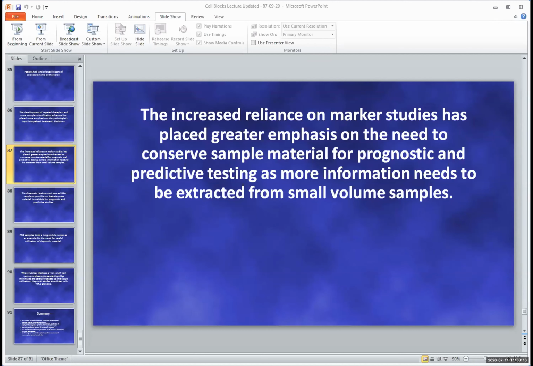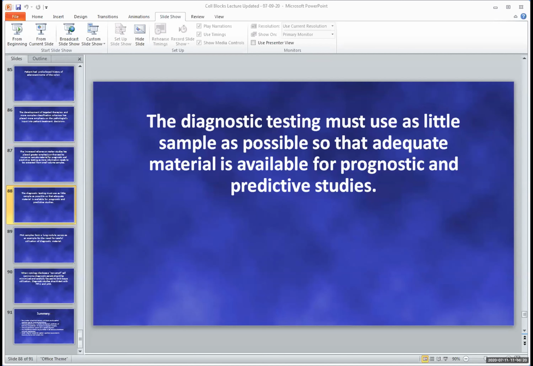And therefore, the sample we get, we have to be very careful not to waste any of it in excessively complex and random diagnostic testing. So we want to do very focused testing, and that's where those panels I showed you can come into great utility because they do actually limit the amount of tissue being used rather than something more random.